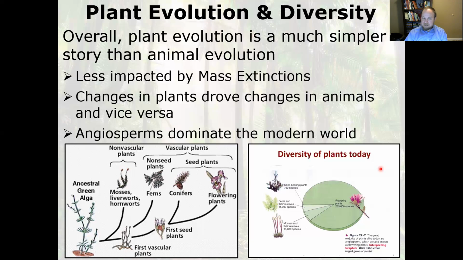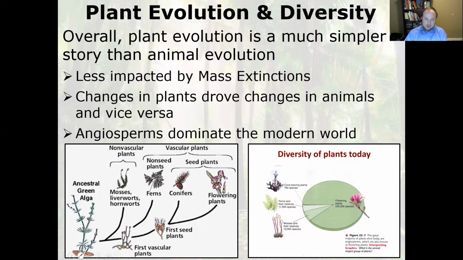And so if we look at diversity of plants today, the number of species is kind of staggering. If you look at the cone-bearing plants, the flowering plants, the ferns, the vascular plants, flowering plants are about 95% of these species, and then mosses and things like that are not very common, not very abundant.